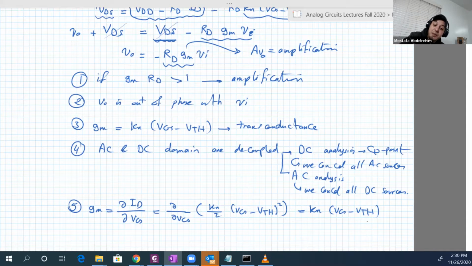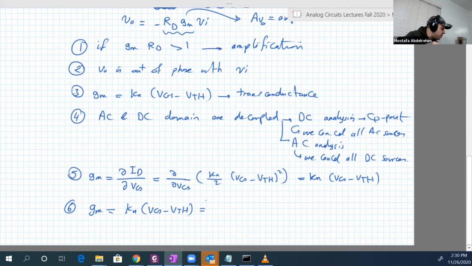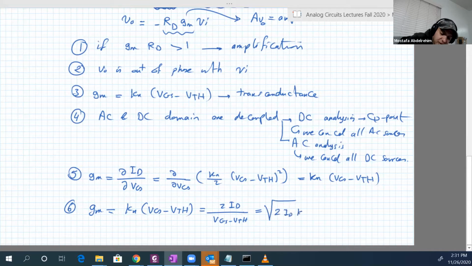Okay. GM usually has multiple forms, and of course all of them are equivalent. So GM till this moment is equal to Kn (VGS minus V threshold). It can also be written as 2ID over (VGS minus V threshold), and also as the square root of 2 ID Kn.